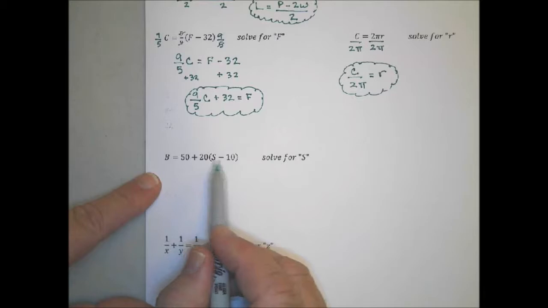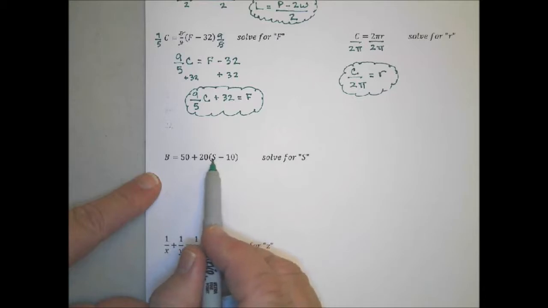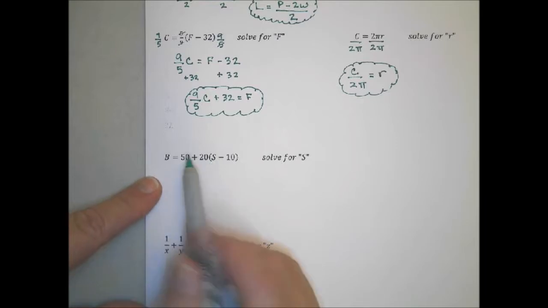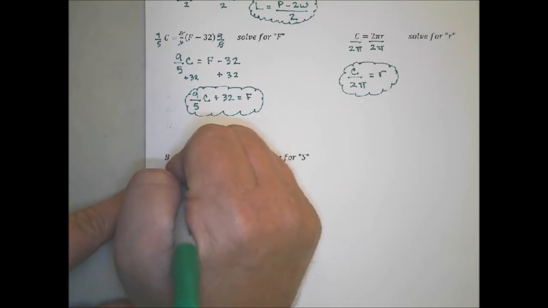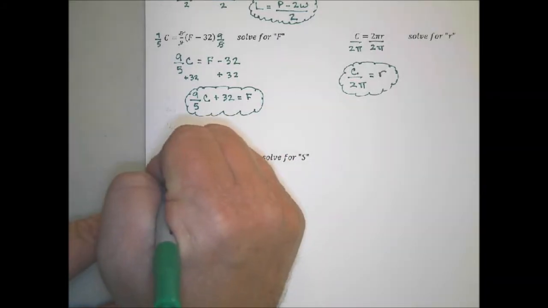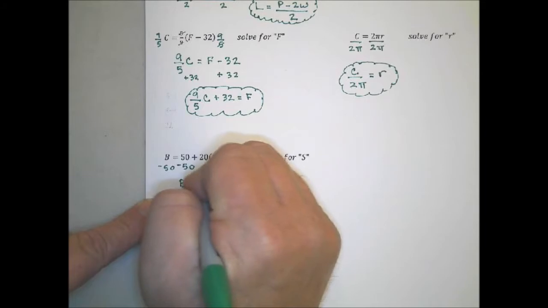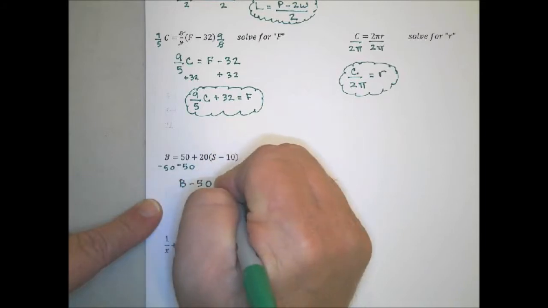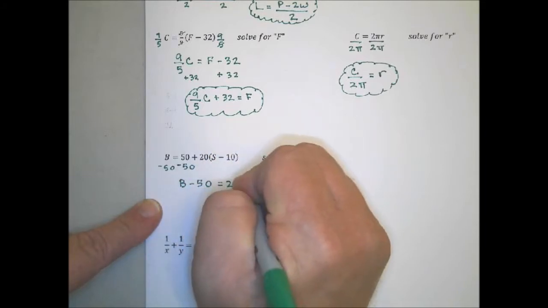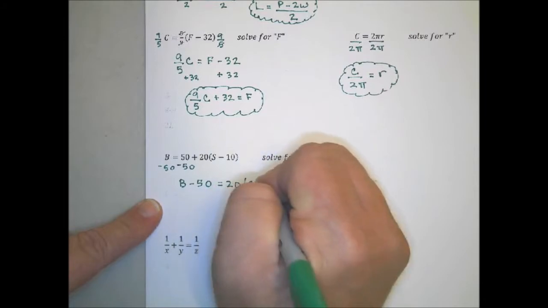First thing I'm going to do, I've got a lot of things to do to get this S by itself. First thing I need to do, I'm going to get rid of this 50 right here. I'm going to subtract that 50. So now I've got B minus 50 equals 20 times S minus 10.